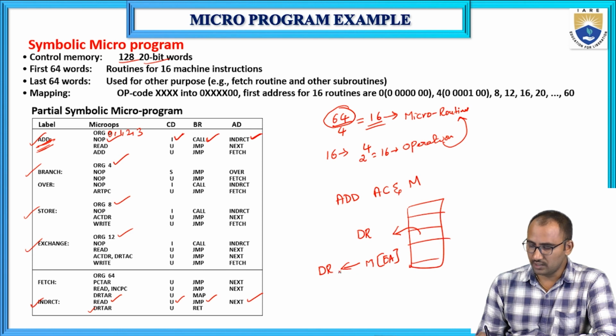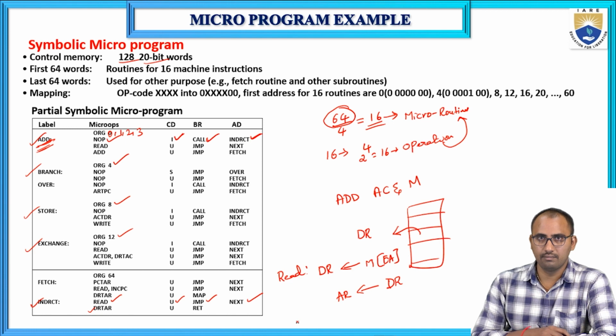This is a read operation. After reading, this DR data will be loaded into the AR. After that, condition is U type and return. Indirect is a subroutine. After executing, it will return back to here.